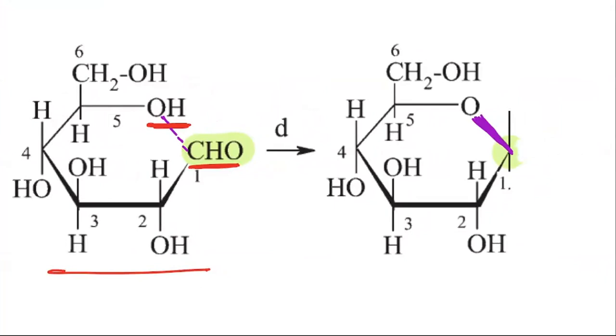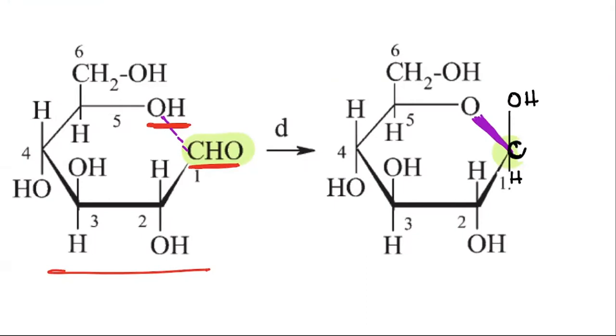Because of the way that specifically that OH can attack that carbon, you can have the OH pointing up and the H pointing down, and this is the carbon in the carbonyl.